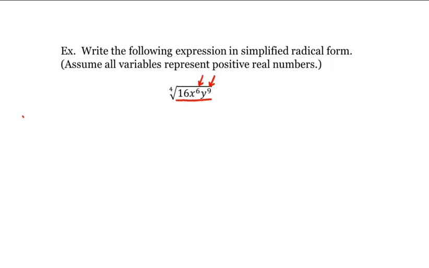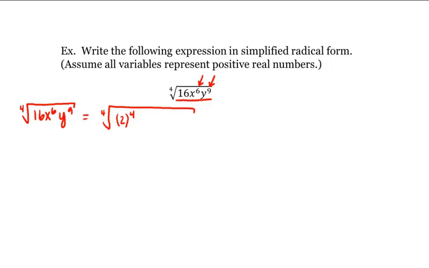So what do we have? We have the fourth root of 16x to the 6th, y to the 9th, is equal to the fourth root of 16, but 16 is 2 to the 4th power. And now we're going to extract the perfect fourth power factors here.